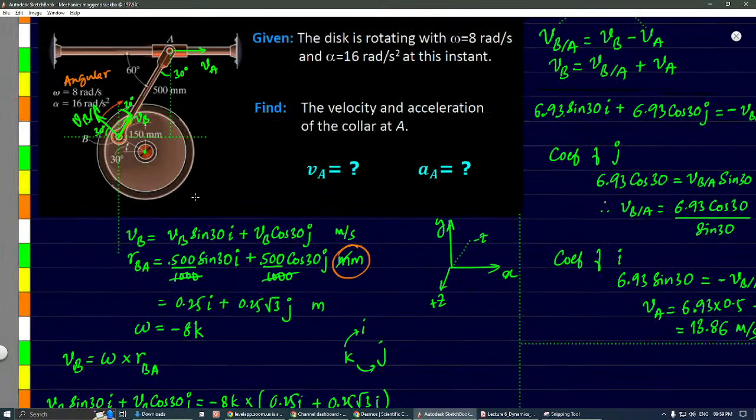For the point B, there will be two accelerations. Towards the center, we have normal acceleration and tangential acceleration.